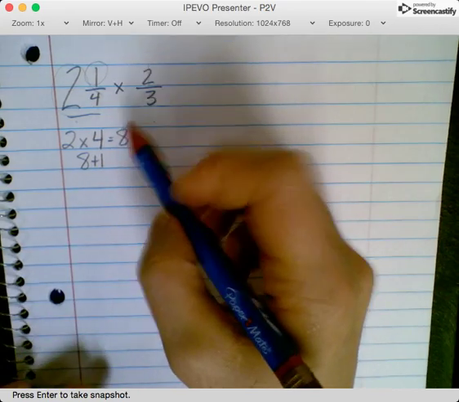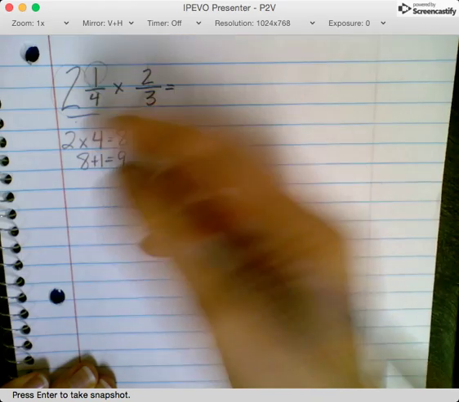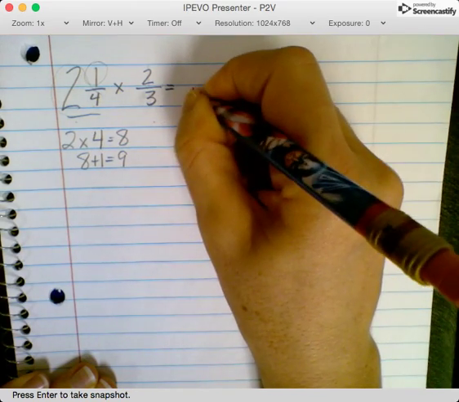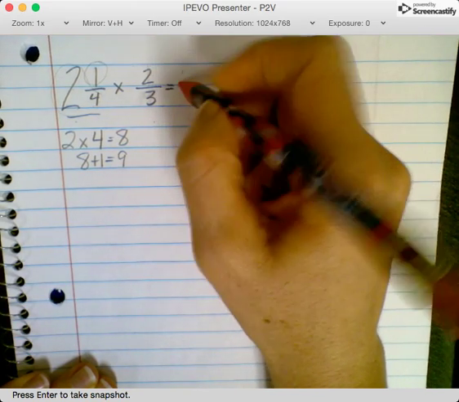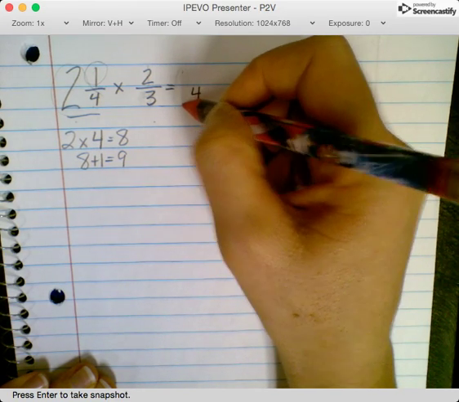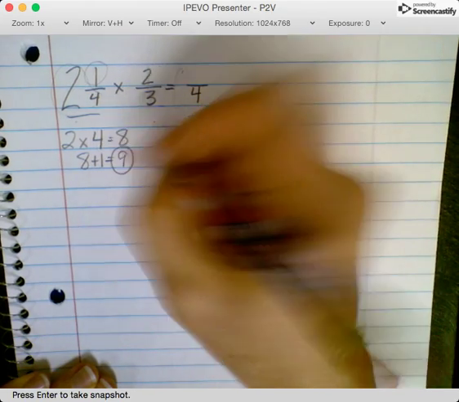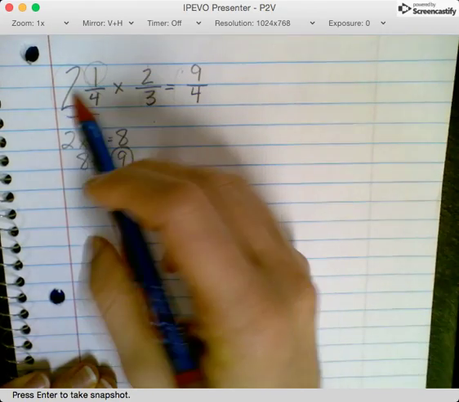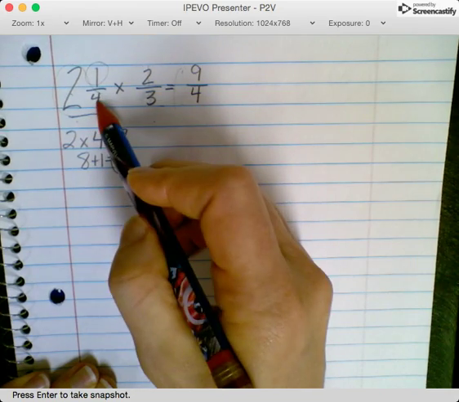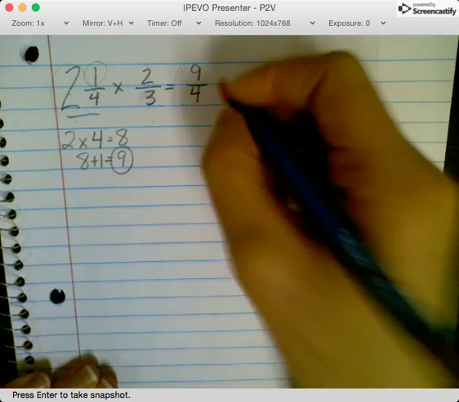And so that would give me the number that I would put on the top. The only thing that's going to change is that I'm going to have no whole number, and then the top number would be a 9 because I took my whole number times my denominator and added my numerator, and that gives me 9/4.